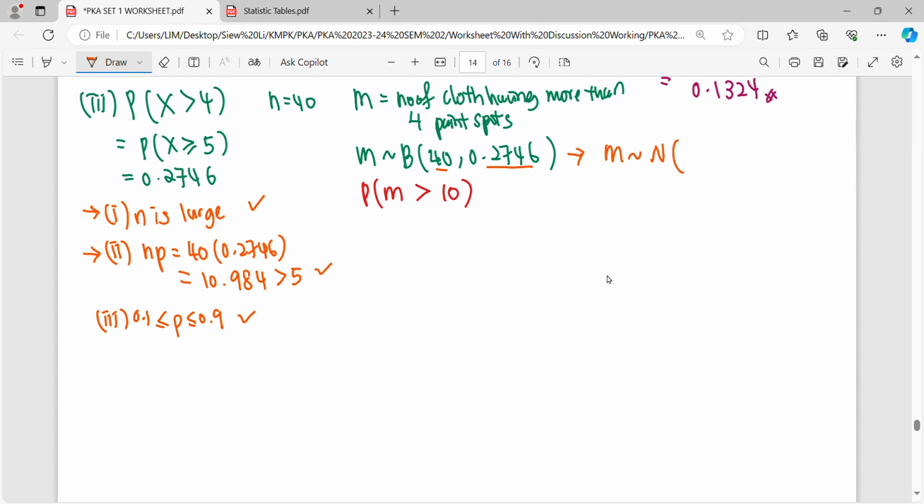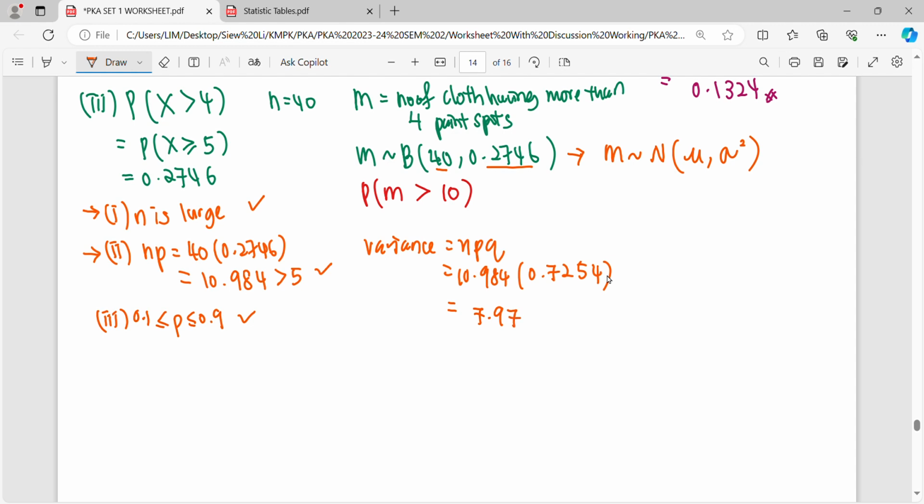For normal we need mean and variance. We have the mean already, but not the variance. We find the variance, which is npq. The q will be... so what's the variance? 7.97.